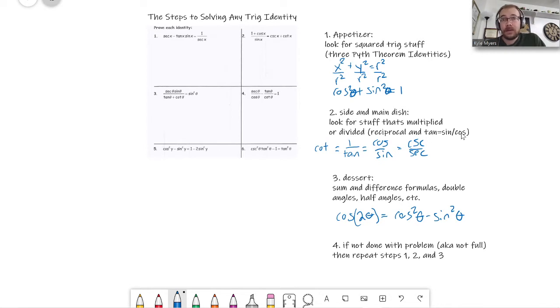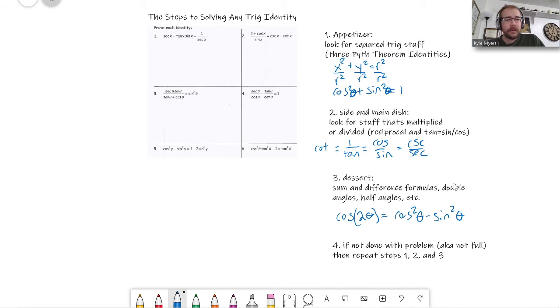There's a lot of different equations you can make. And then you look for desserts. Double angle, half angle, that sort of thing. You'll be able to spot a double angle or a half angle fairly easily, actually, because if there's something other than x or theta in the problem, then you'll probably be using a dessert. So that's how you spot your desserts.